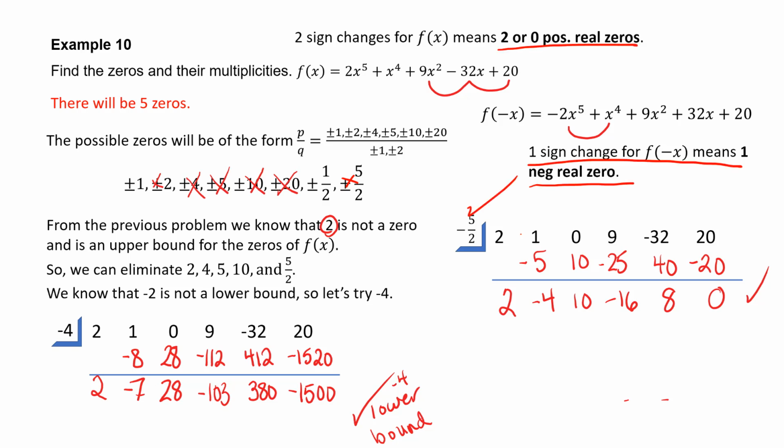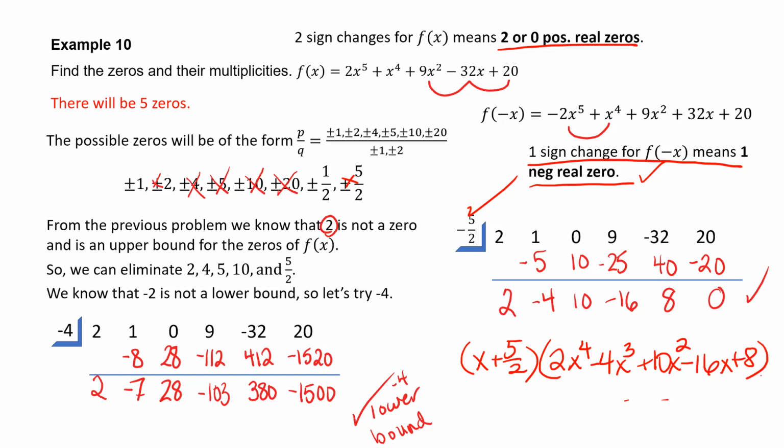And if you remember, we just found out that there's one negative real 0 by using Descartes' rule of signs. So that's it, negative 5 halves. That's the only negative real 0 there is. So we know we've got x plus 5 halves for one factor. And then what do we have left over? We have 2x to the fourth minus 4x cubed plus 10x squared minus 16x plus 8.